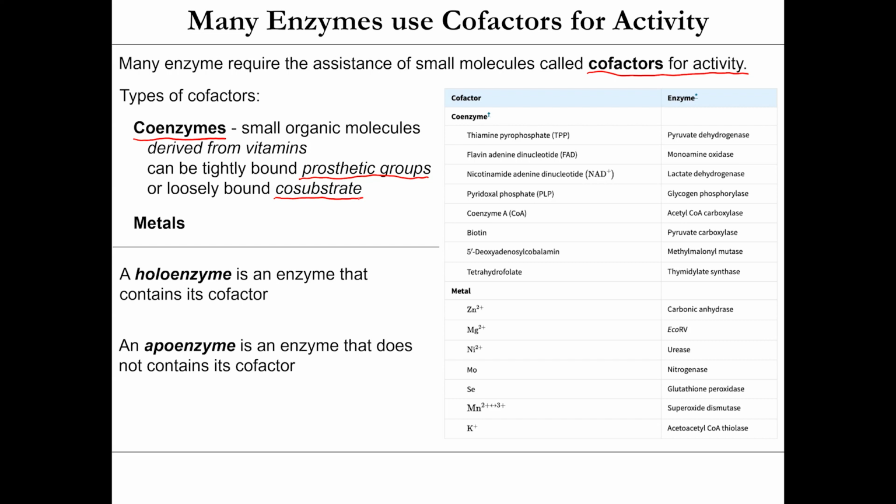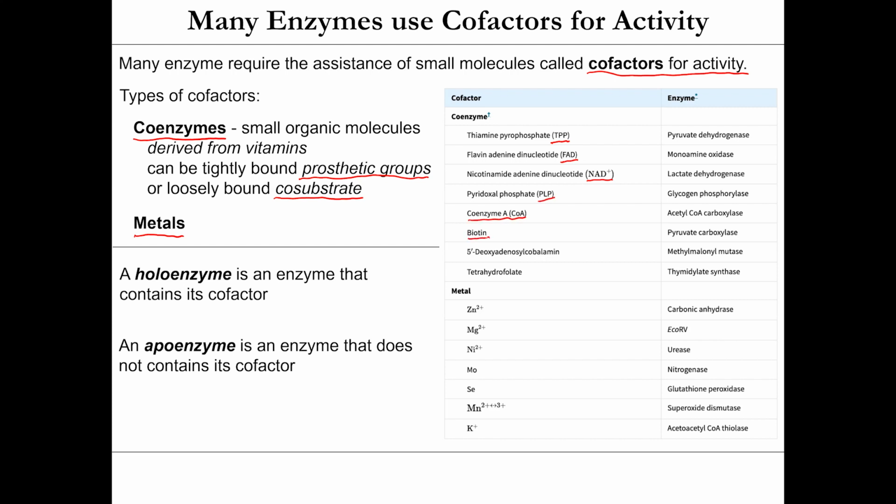So coenzymes are one type of cofactor, and then metals are the other type of cofactor. Those are commonly found in all sorts of different proteins that do all sorts of different activities. Here we have a list of different cofactors, and an example of an enzyme that uses each of them: thiamine pyrophosphate, which is called TPP, FAD, NAD, PLP, coenzyme A, biotin.